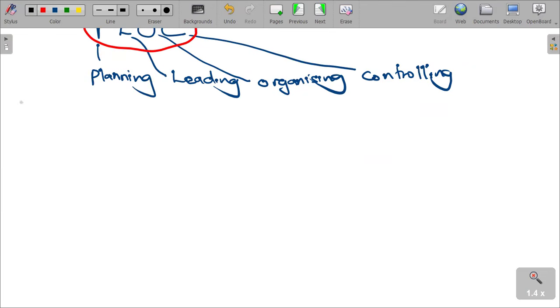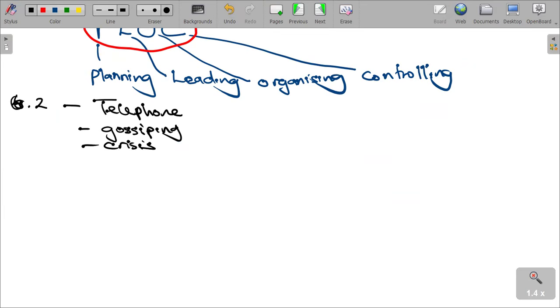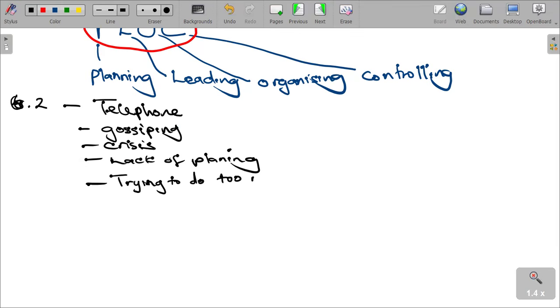Time wasters include spending most of their time on a telephone conversation, gossiping, when you are having a crisis at work, when you lack planning, when you are trying to do too much, and also doing unnecessary tasks.